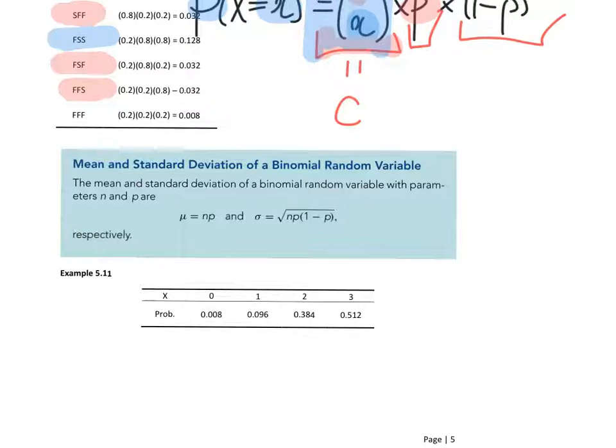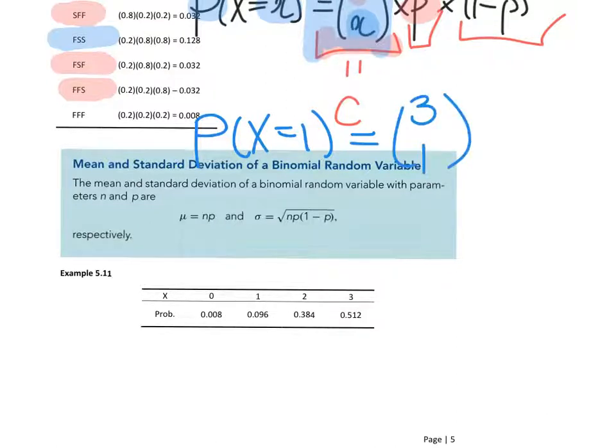So why don't you try, if I want to take the probability x equal 1. For example, what does that mean, x equal 1? The random variable x was the number of successes. So how many successes? Only one success, two failures. In this case, it can be 3 and 1, or 3C1.